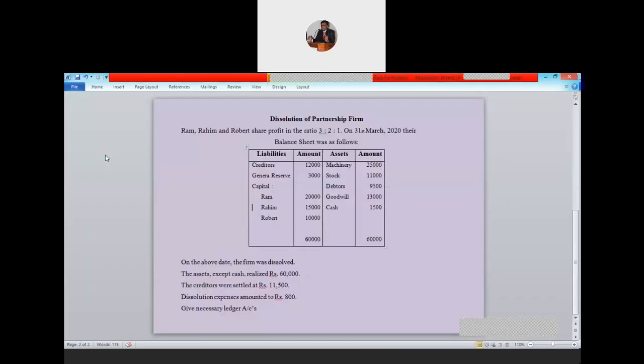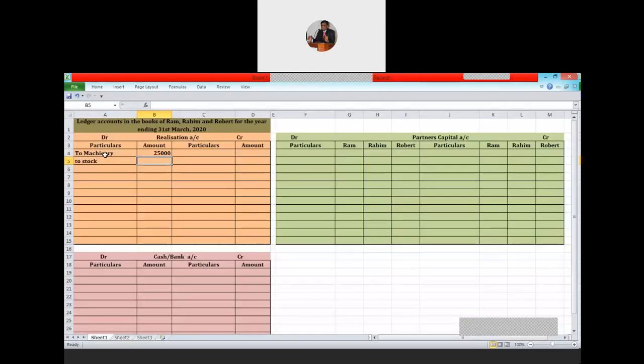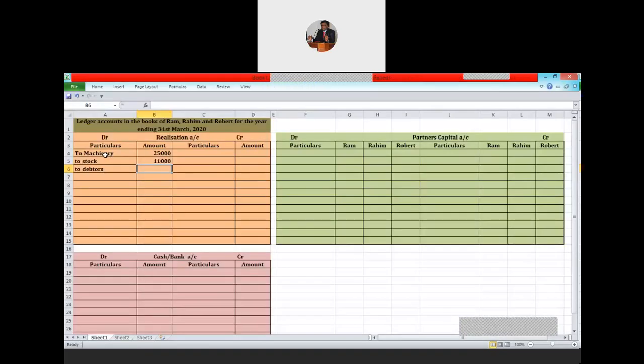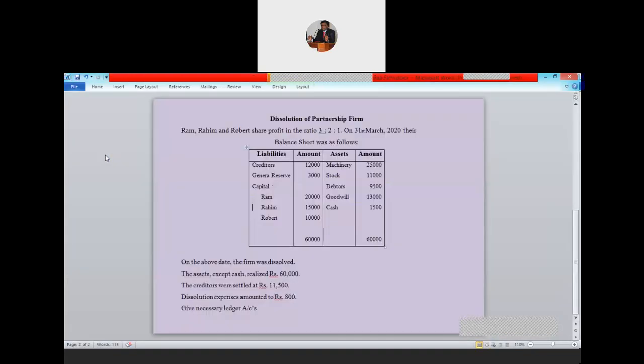To stock 11,000. To debtors 9,500. To goodwill 13,000, and the remaining balance of cash to transfer to cash or bank account debit side.